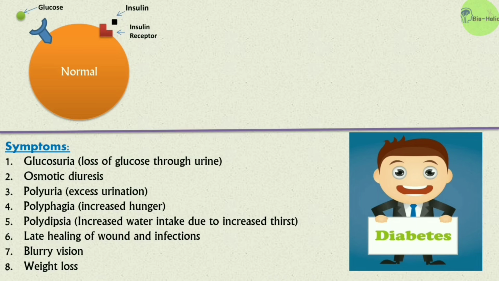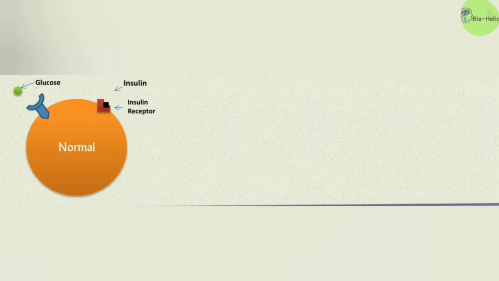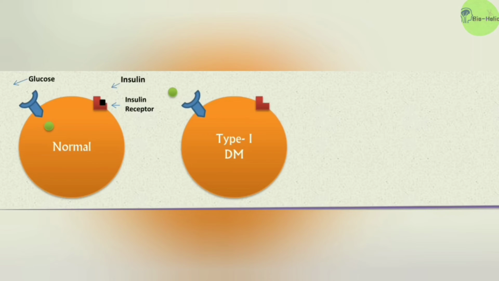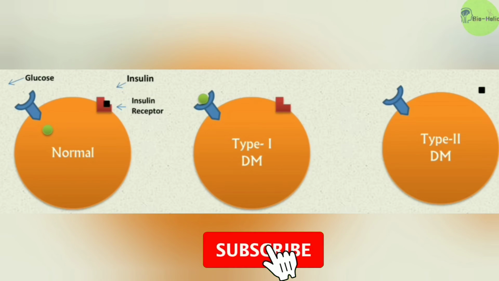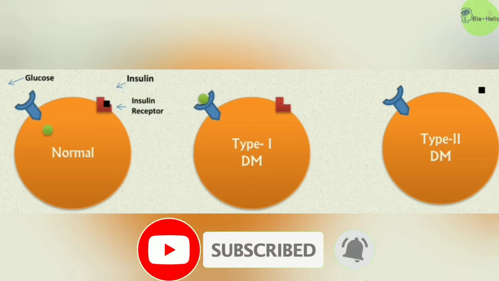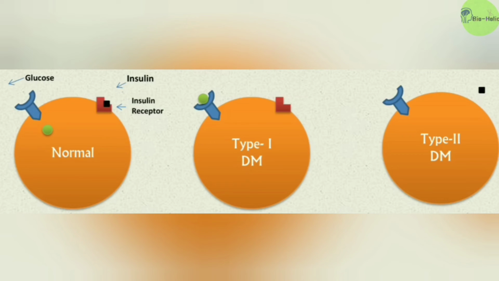So, in normal condition, when insulin binds to the insulin receptors, the glucose can enter the cell through the glucose transporters. But in type 1 diabetes mellitus, there is no insulin, so the glucose cannot enter the cell. And in type 2, though the insulin is sufficient, there is a lack of insulin receptors.